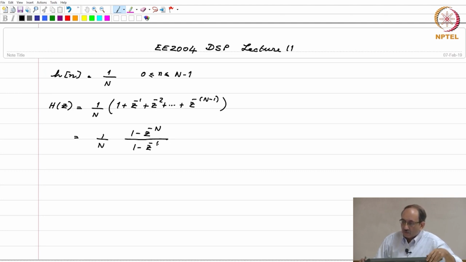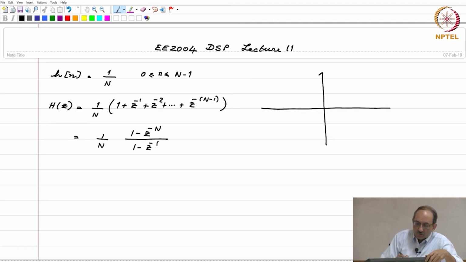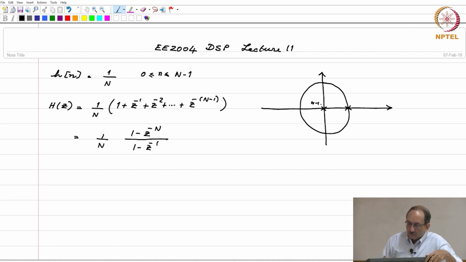In terms of the pole zero plot, there is a pole at z equal to 1. We also saw that there is an N minus 1th order trivial pole, and the remaining roots are the zeros of the transfer function, and they are the Nth roots of unity.